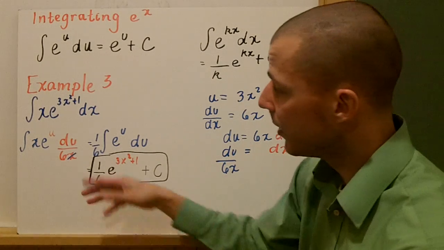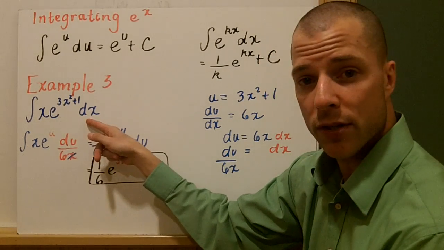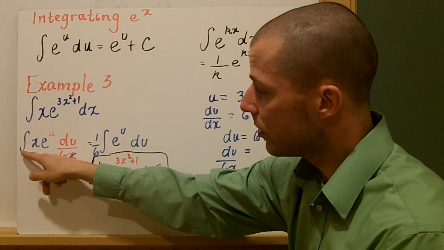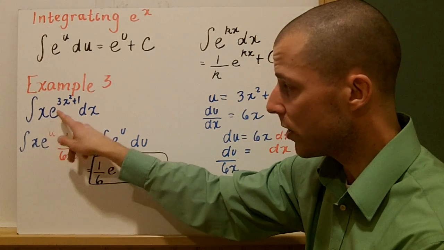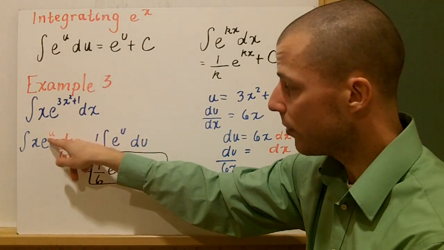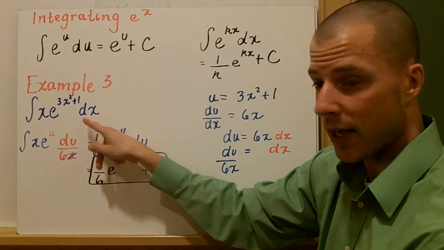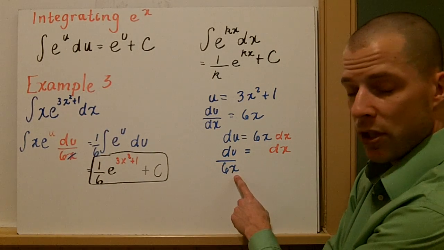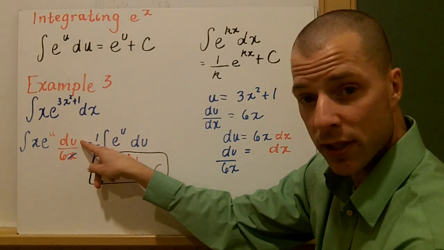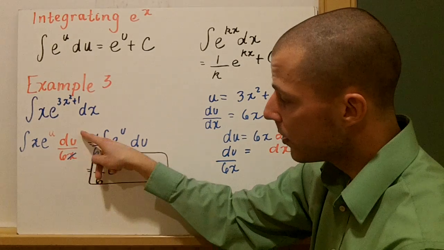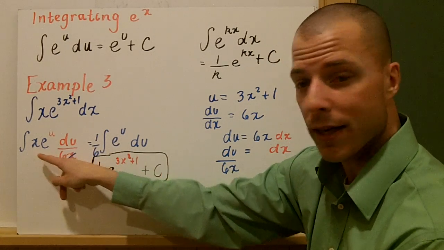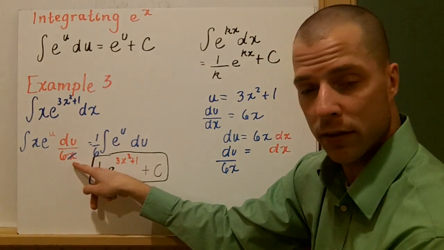So let's look at what we've done. Here's our original integration: the integral of x times e to the u, where I switch 3x squared plus 1 and put u there. And I know that dx is equal to du over 6x, so I substitute it in. Once I do that, the x's cancel out and become 1.